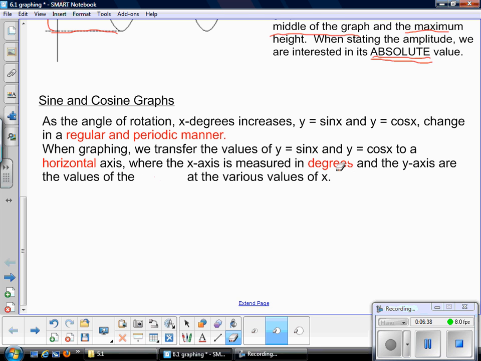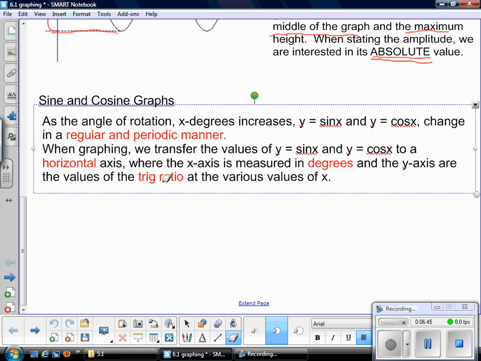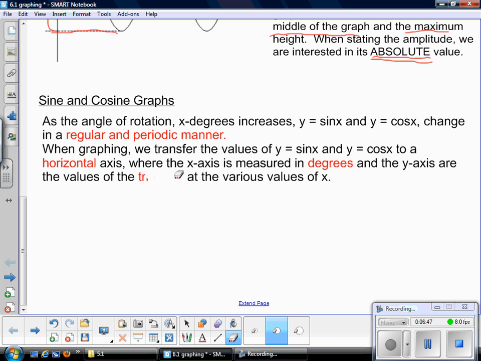Next year for you it's going to be measured in radians. And the y-axis are the values of the trig ratio at the various values of x. So we're putting angles along the x-axis and the trig ratio for the y.